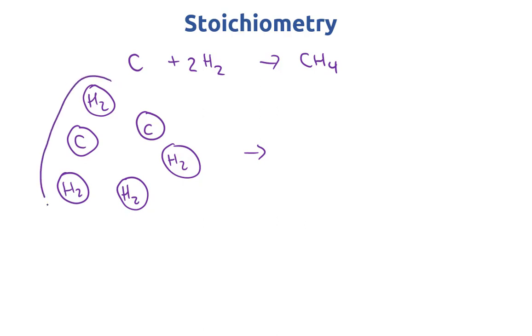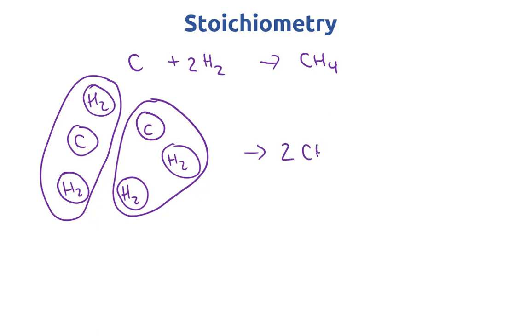So we can group this one with those 2. That's 1 reaction of carbon with H2, and this is another one. The reaction can happen twice with 2 different carbon molecules. Since it happens twice, we're going to end up with 2 CH4 molecules as our product. So instead of just doing the reaction once, we're doing it twice.